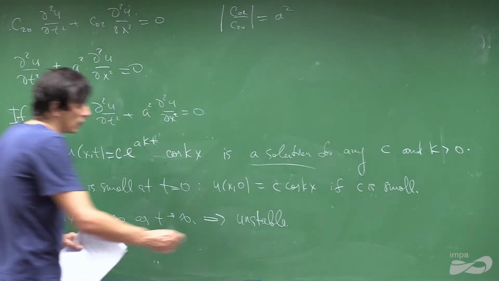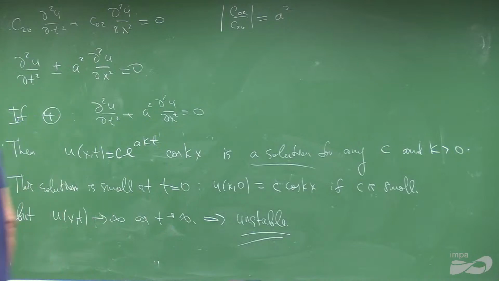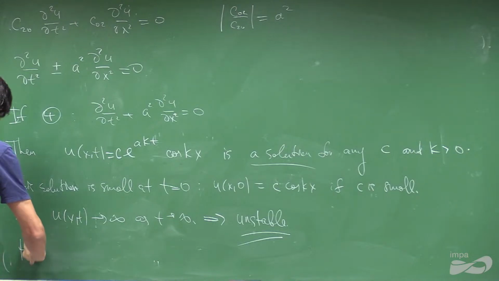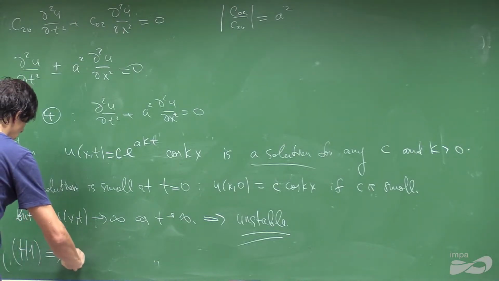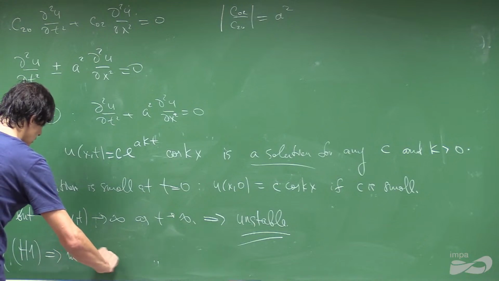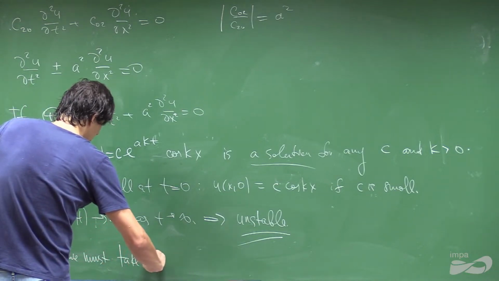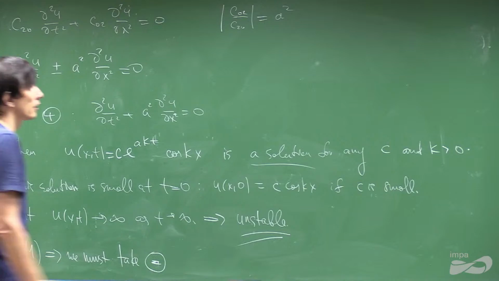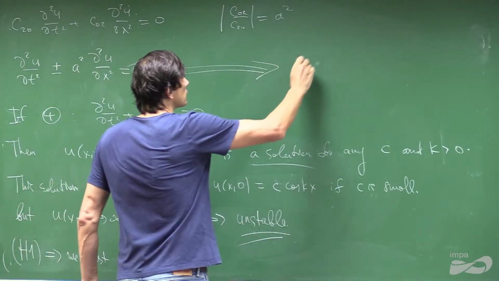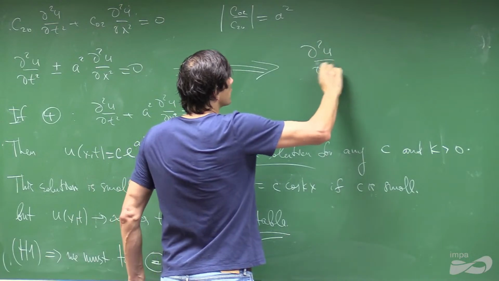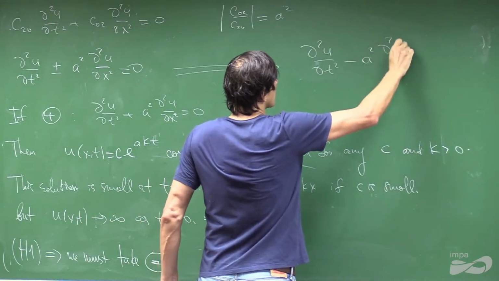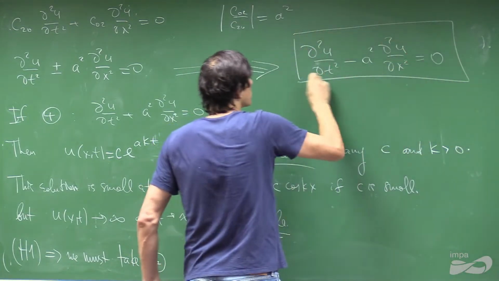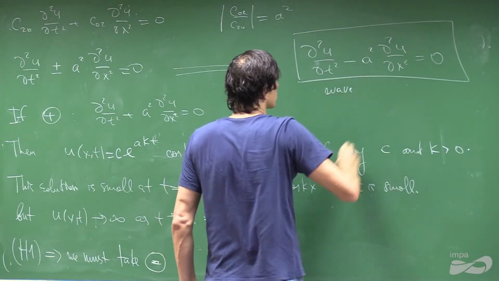So this is unstable, but we assumed in the first hypothesis that the equilibrium should be stable, which means that the first hypothesis means that we must take the minus sign. Right? We have to take minus sign, and this gives us the same wave equation as we had for masses and springs.